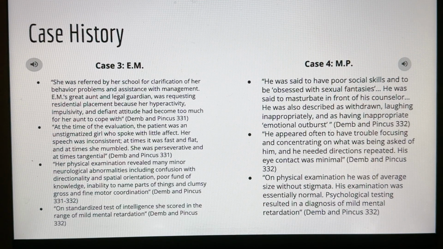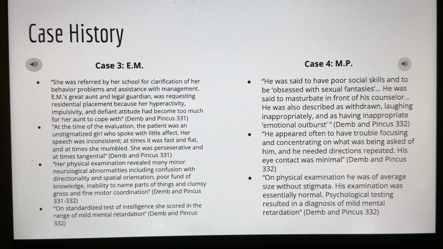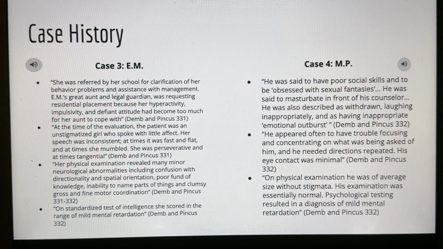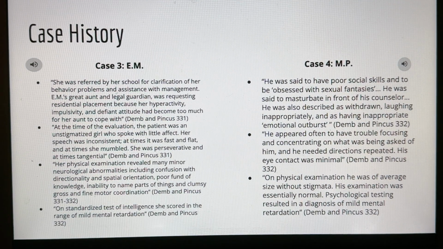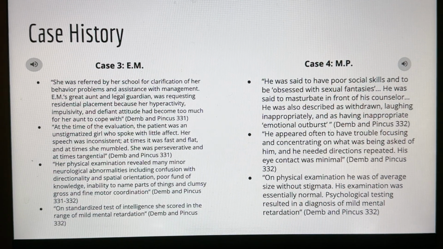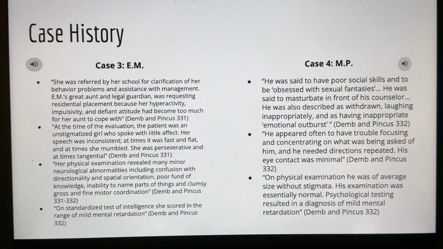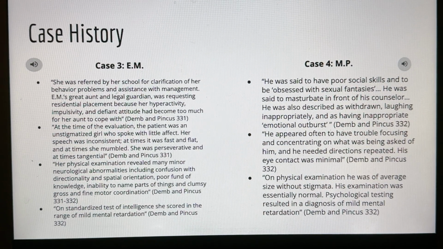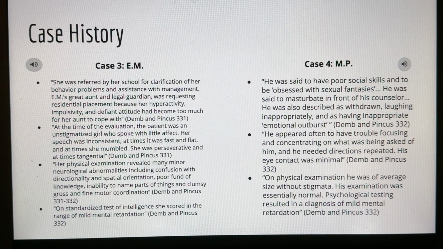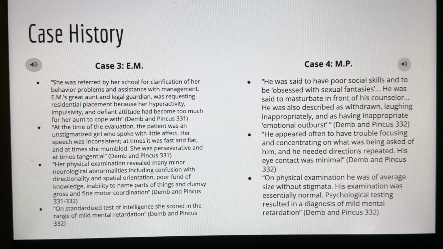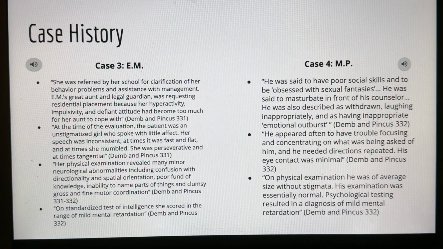She was perseverative and at times tangential. Her physical examination revealed many minor neurological abnormalities, including confusion with directionality and spatial orientation, poor fund of knowledge, inability to name parts of things, and clumsy gross and fine motor coordination. On standardized tests of intelligence, she scored in the range of mild mental retardation.